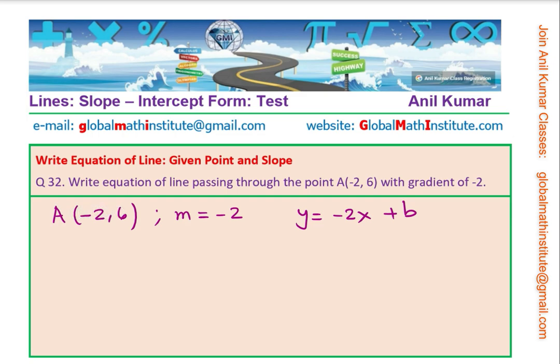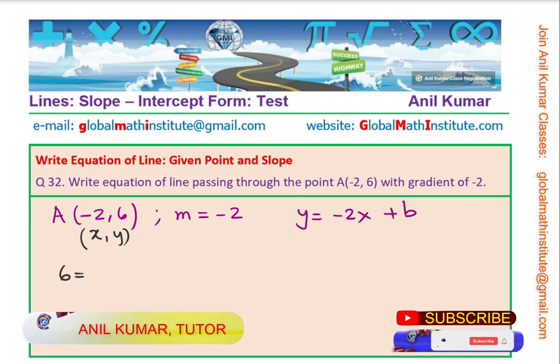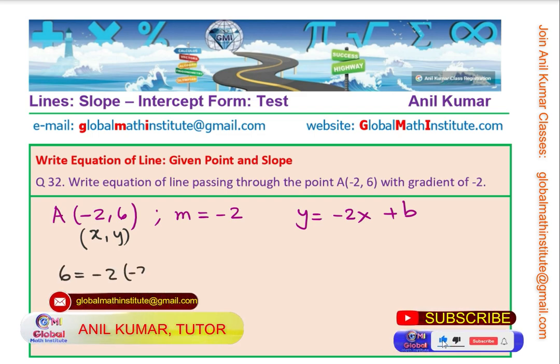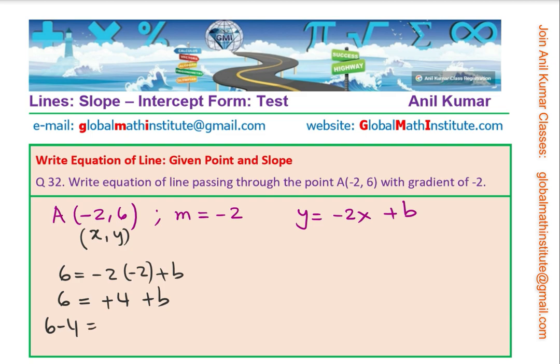Here this is the x value and that is the y value. So we have 6 equals -2 times -2 plus b. So we get 6 equals plus 4 plus b, or 6 minus 4 equals b. So that is 2, and therefore we can write down the equation as y equals -2x plus 2. Is that clear to you?